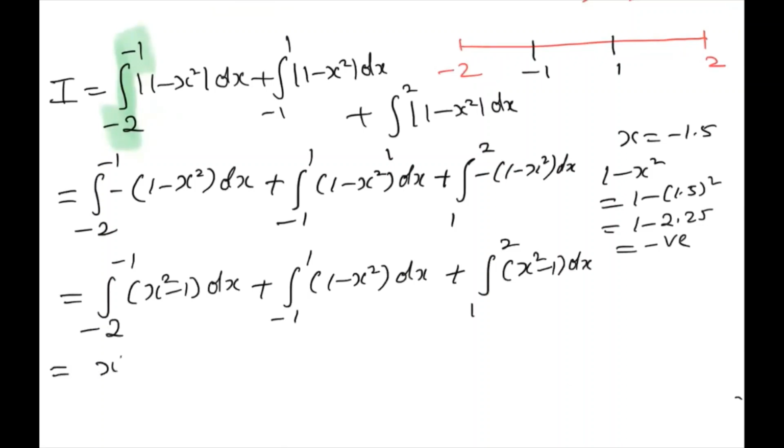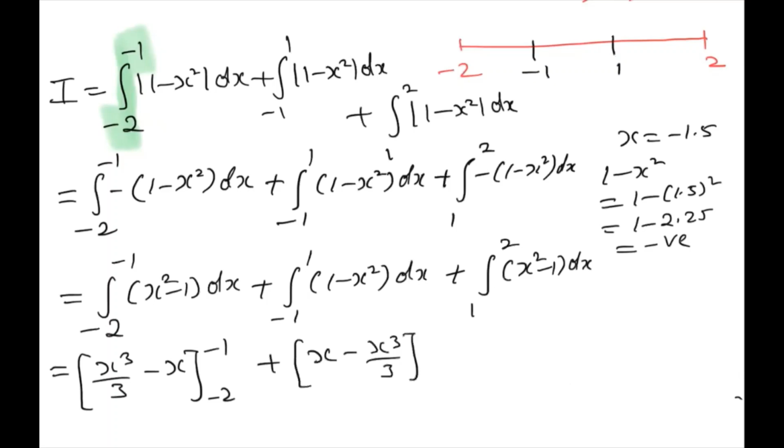Integrating, x cube by 3 minus x between minus 2 and minus 1 plus x minus x cube by 3 between minus 1 and 1. X cube by 3 minus x between 1 and 2.